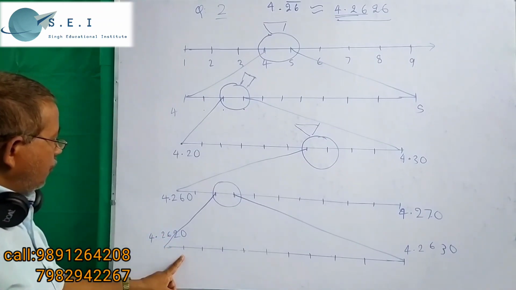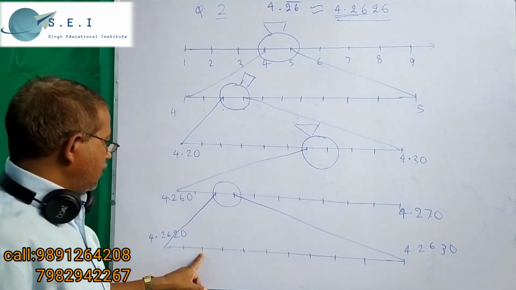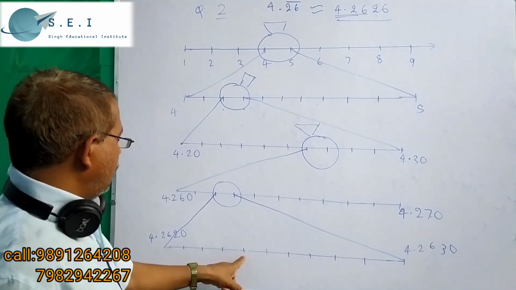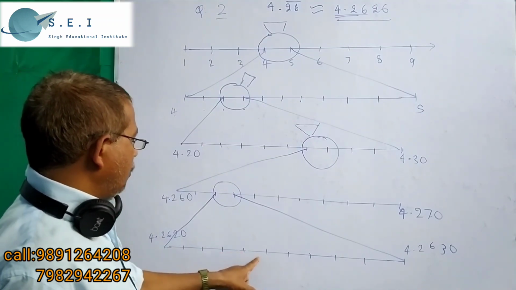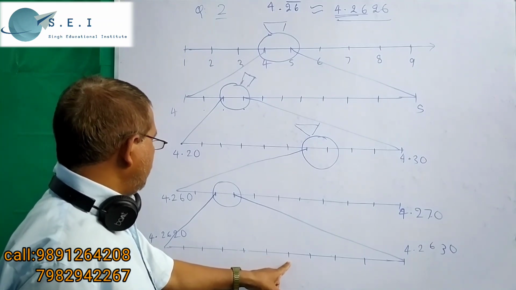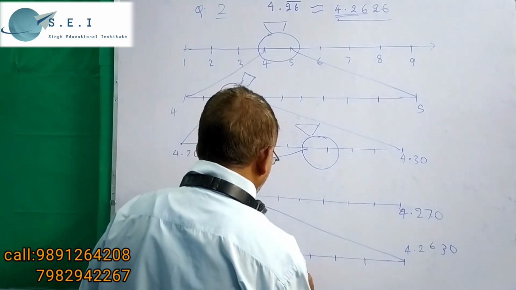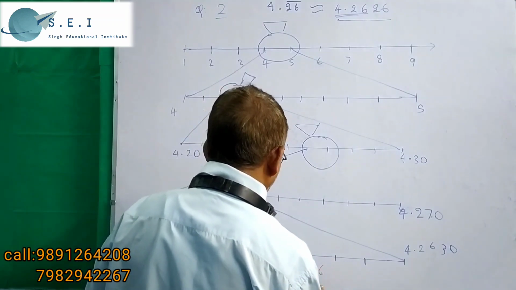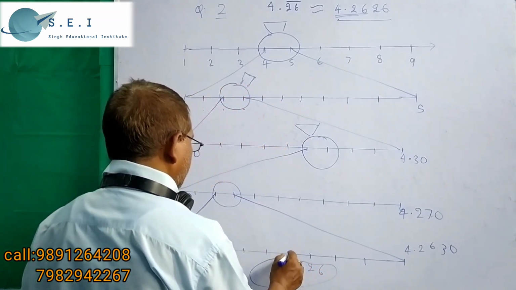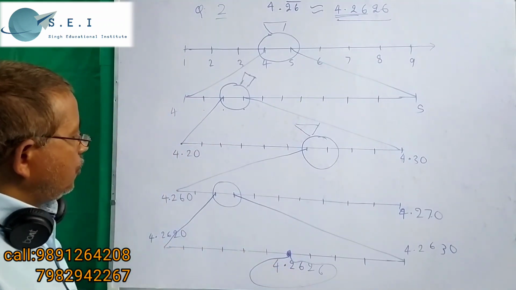This point is 4.2621. This is 4.2622. This is 4.2623, 4.2624, 4.2625, 4.2626. This is our required point. This point should be highlighted. This is 4.2626.